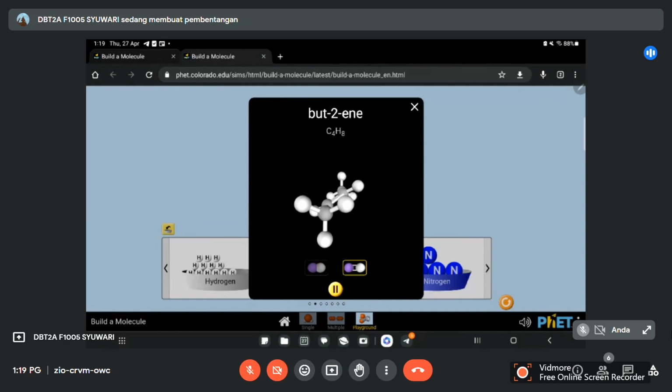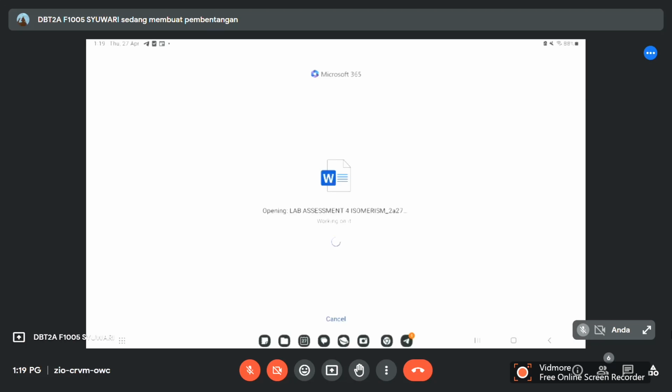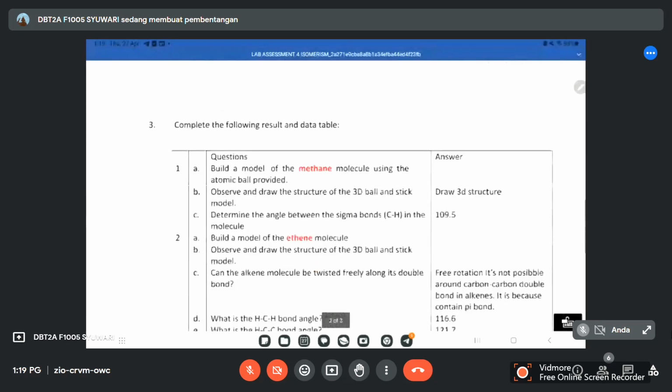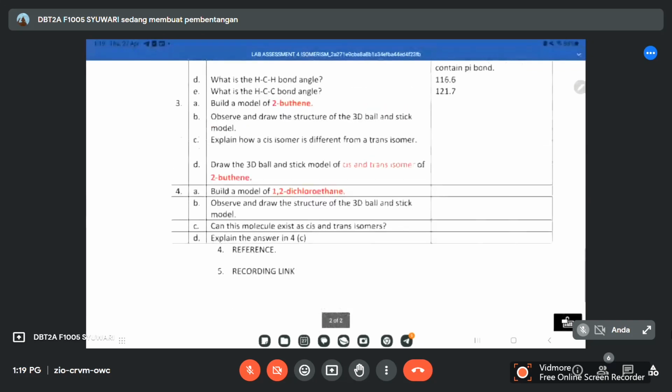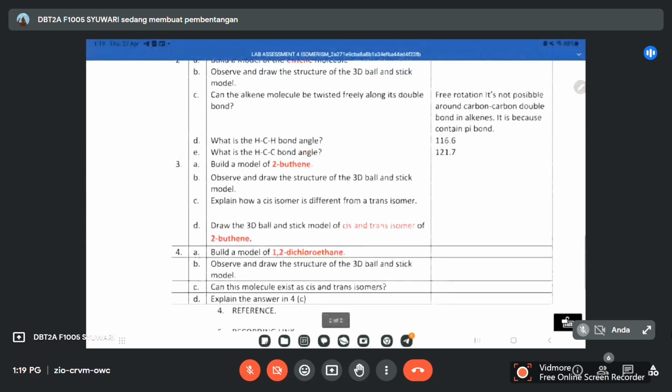Okay, so we have also answered, we have observed what is asked in question number 3: observe and draw the structure of the 3D ball and stick model.